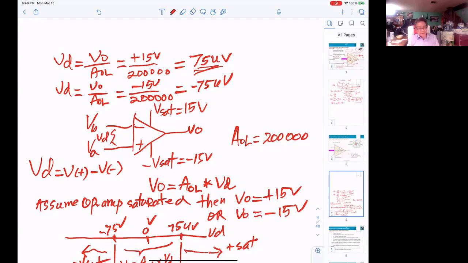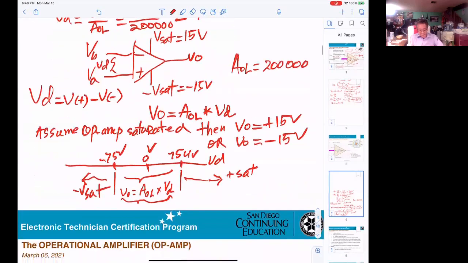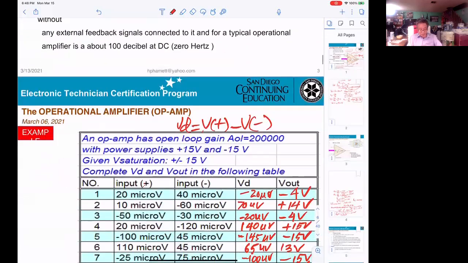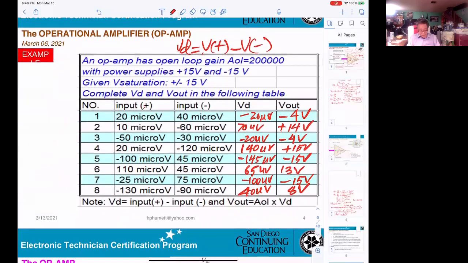That means no matter what, output has to be less than the power supply. Normally, power supply uses 15 volt or 12 volt. So if you get that problem again, you know how to do your calculation.